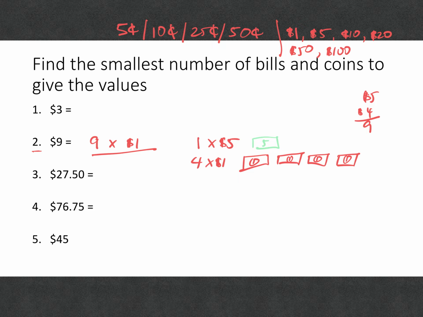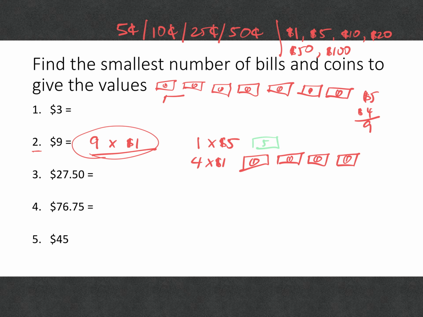Remember, we can't go over in these questions. So think about it. If we had to use 9 $1 bills, look how much we'd have to use. This will be $1, $2, 3, 4, 5, 6, 7, 8, 9.